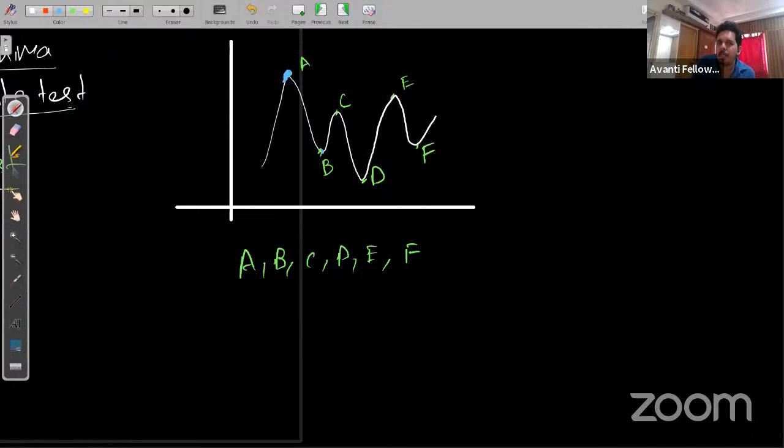Point B is somewhat a minimum point, meaning you can't say for the whole curve it is minimum. You only have to say for this region, my point A is maximum. Means for that local region, point A is maximum. And if you see here, for this region, my point B is minimum.